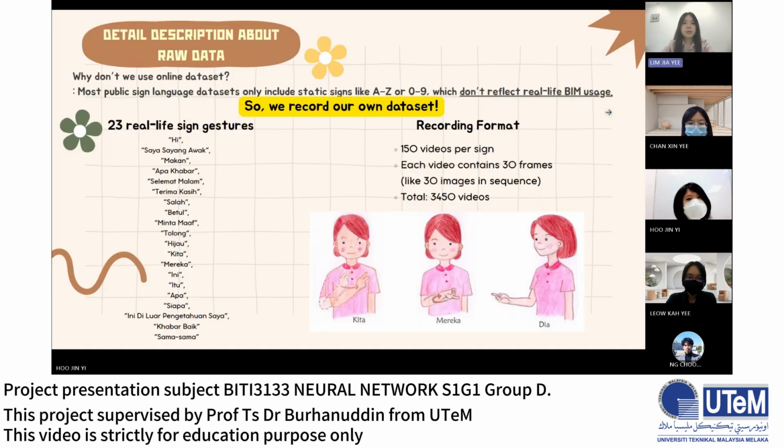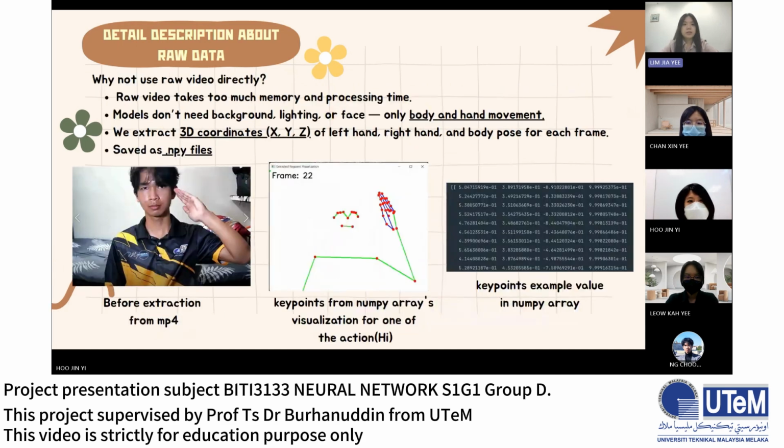Now I'm going to talk about the detailed description of the raw data. Most public sign language datasets only include static signs like A to Z or 0 to 9, which don't reflect real-life BIM usage. So we recorded our own dataset. We referred to the official BIM website and chose 23 real-life signs to capture. Each sign has 150 videos, and each video contains 30 frames, like 30 images in sequence. We didn't use the raw video directly because it takes too much memory and processing time.